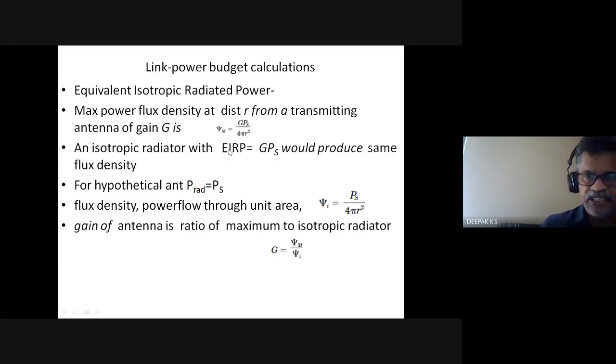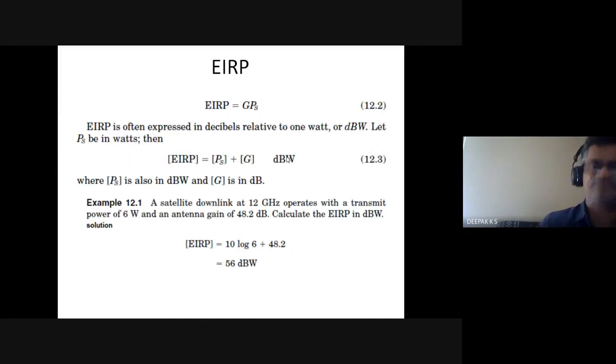The meaning of this is that an isotropic radiator with effective isotropic radiated power of G times PS would produce the same flux density. So if you want to produce this same flux density through an isotropic antenna, you would need an effective isotropic radiated power of G times PS. So EIRP is G times PS.